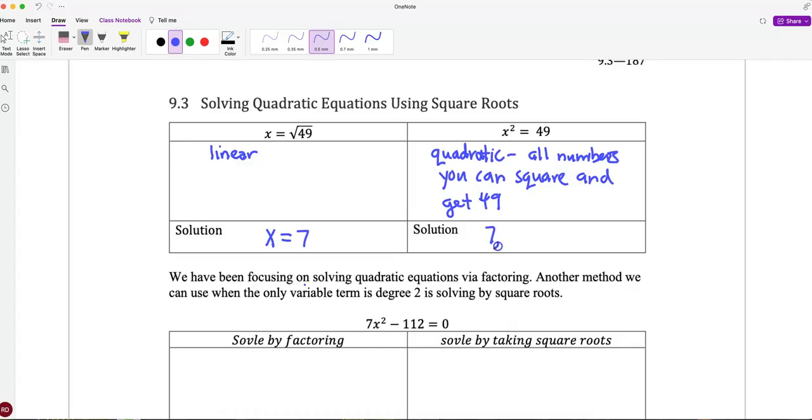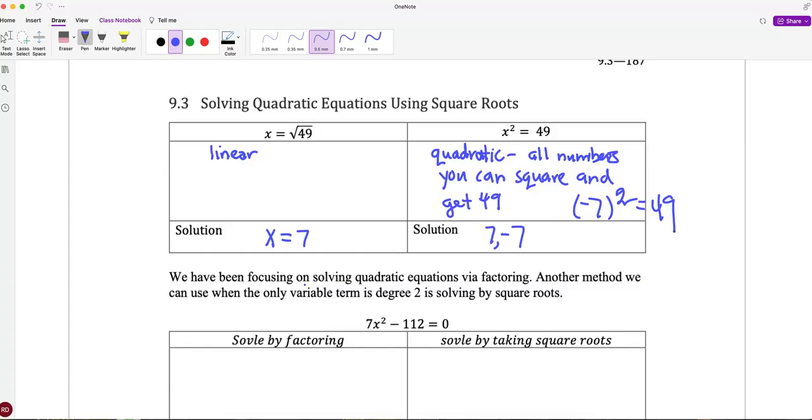Well, one of the numbers is 7. You can square 7 and get 49, but there's also another number, which is negative 7, because negative 7 squared is 49. So negative 7, when you square that, you get 49.